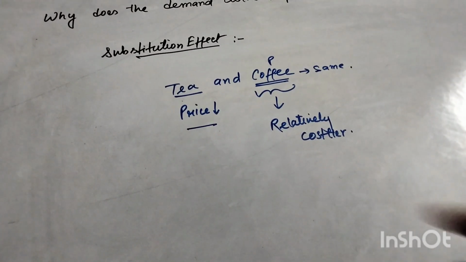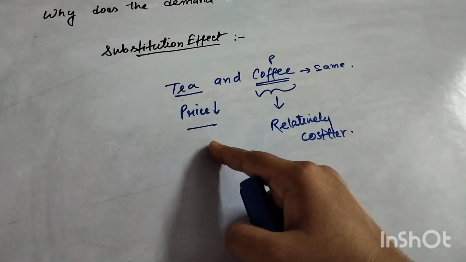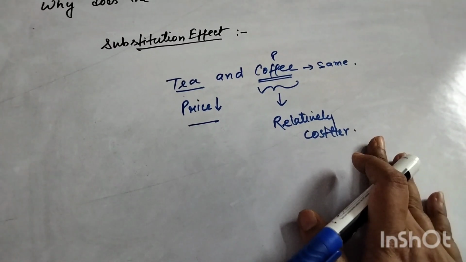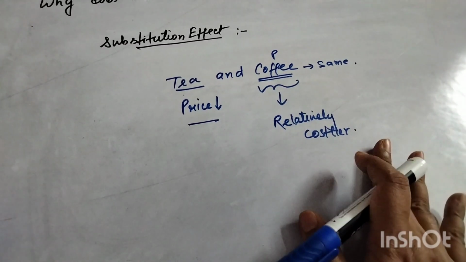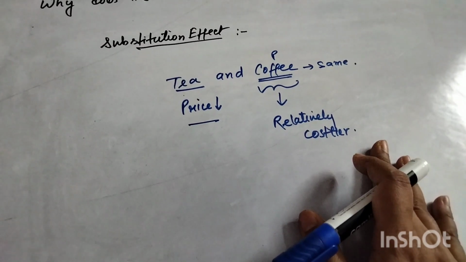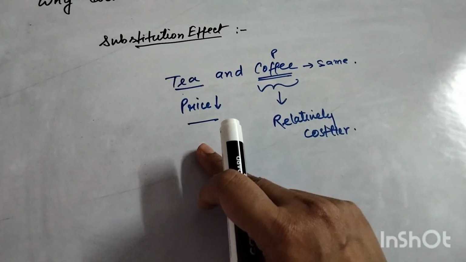When the price of one good falls and the price of the other good remains the same, our substitute good has become relatively costlier, because its price is the same, but the price of tea has fallen.